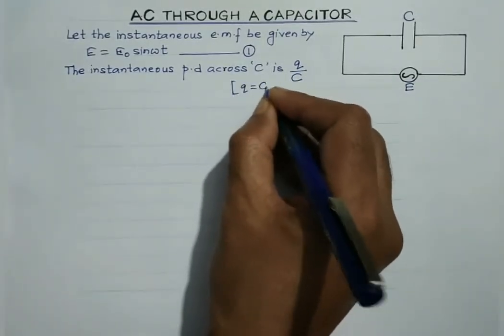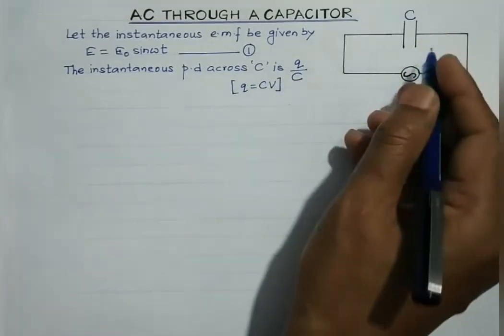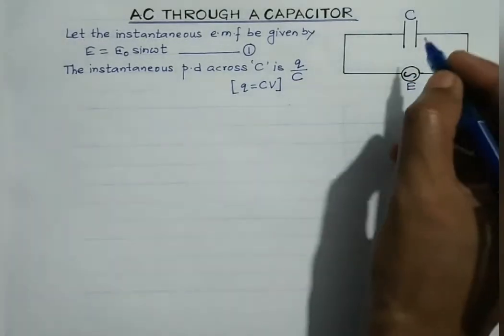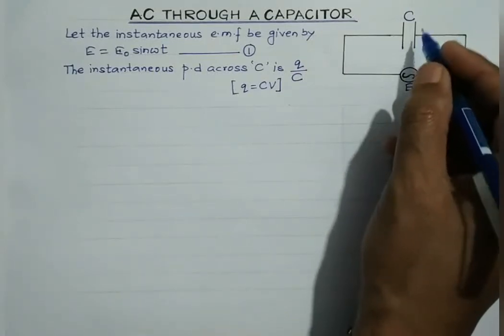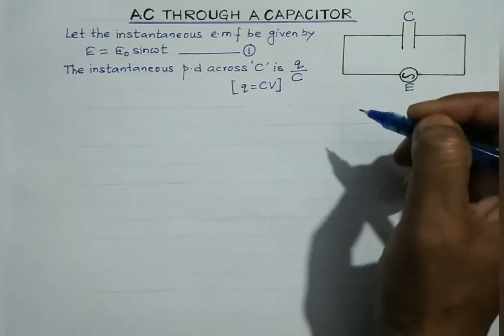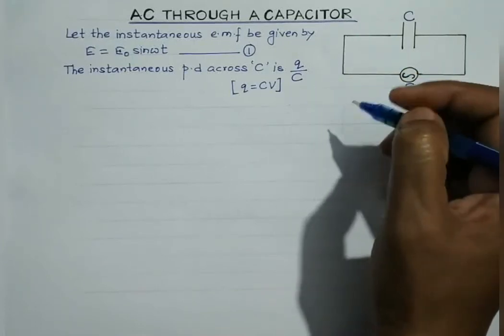Q is equal to CV, where V is the potential difference across the plates of the capacitor. So the instantaneous potential drop across this capacitor would be Q by C.